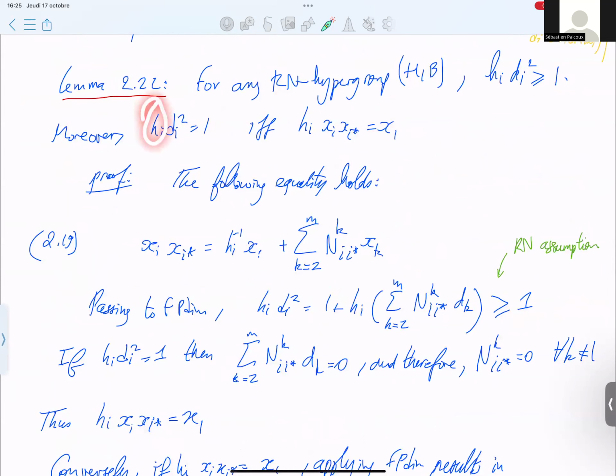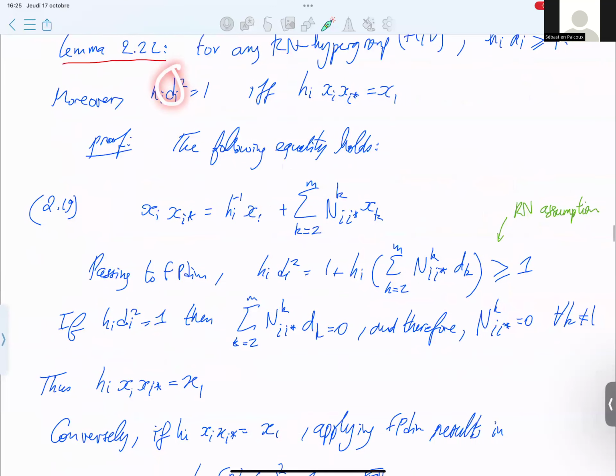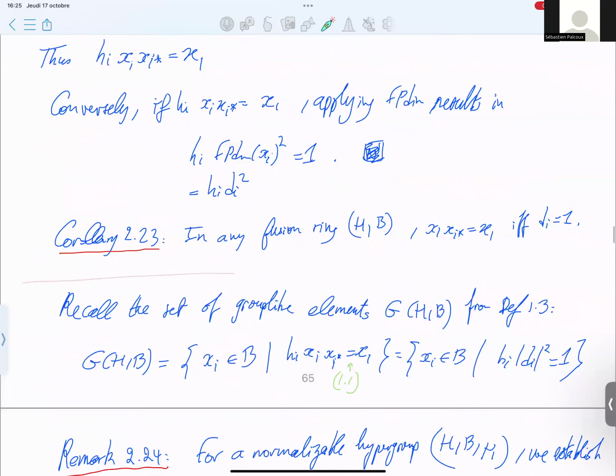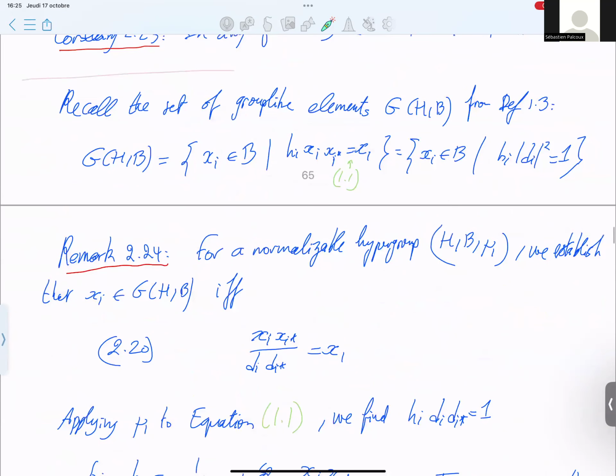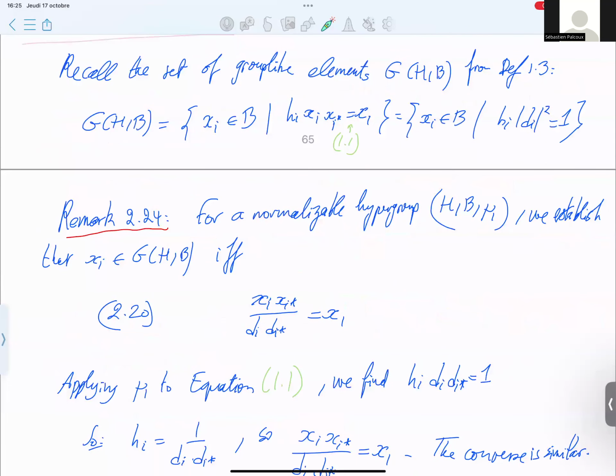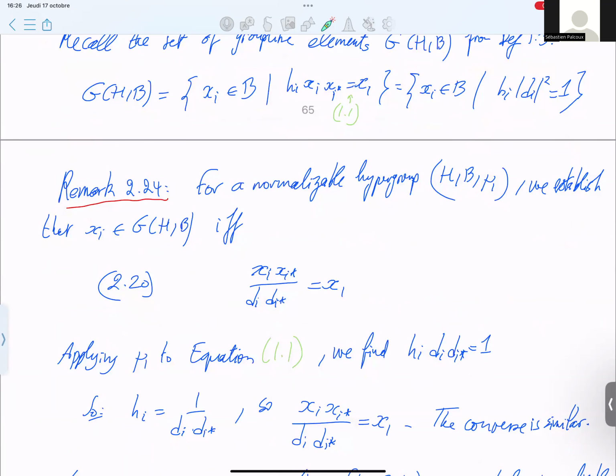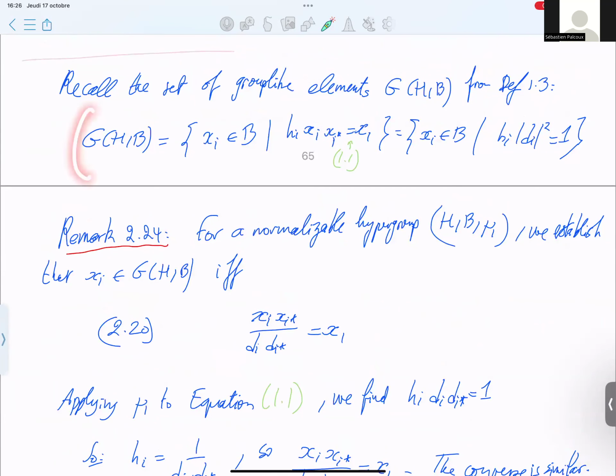So you have d squared equal 1, but d_i is positive, so d_i equal 1, etc. So as I said, the set of group-like elements is exactly the set of standard elements satisfying this property, or satisfying this property, because by the previous lemma, it's the same thing. And we will show that it has a group structure.